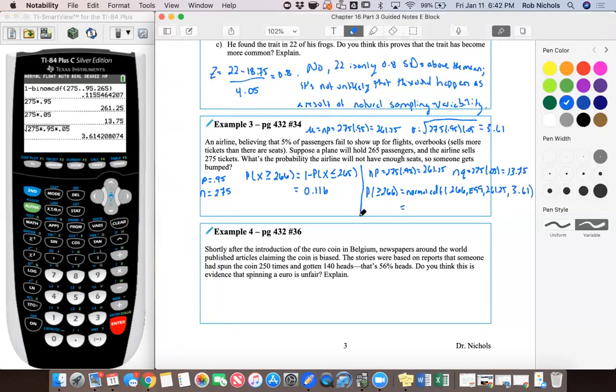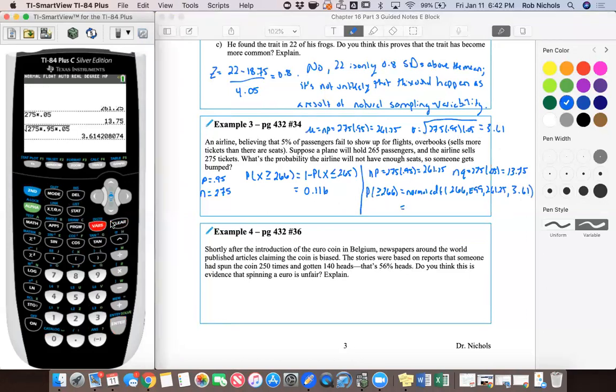Okay, so let's see what that normal CDF would give us. So second distribution, normal CDF. My lower boundary is 266. My upper boundary is E99. My mean is going to be 261.25. And my standard deviation is 3.61.